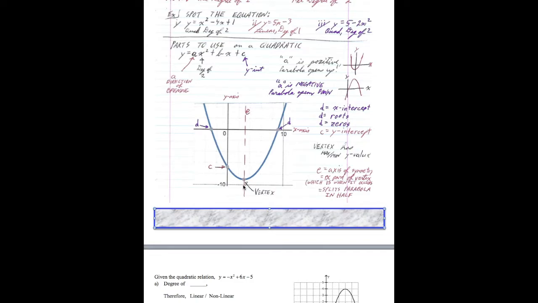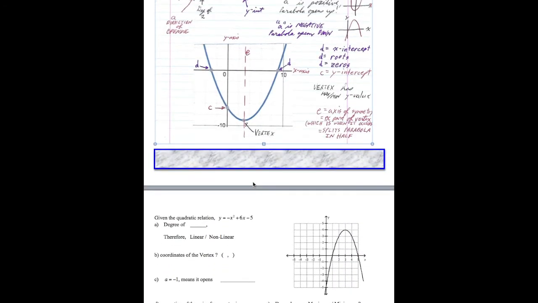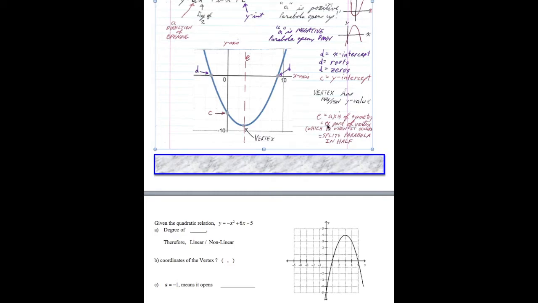Since we've started with the vertex, let's deal with it. This line cutting through the vertex is known as the axis of symmetry, and it cuts the parabola in half. The reason that's important, the axis of symmetry is actually the x half of the vertex location. This x tells me when the vertex is going to occur. The y side is its value.